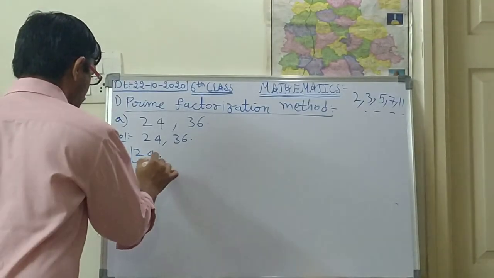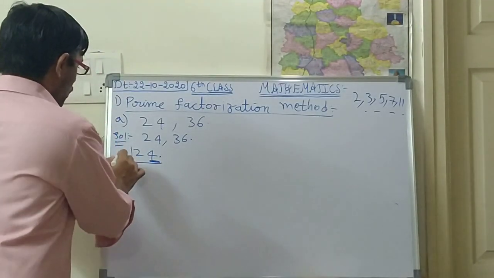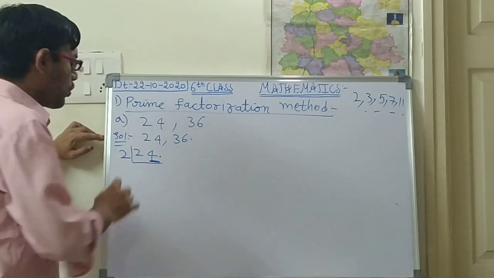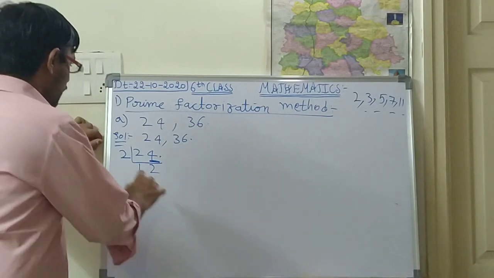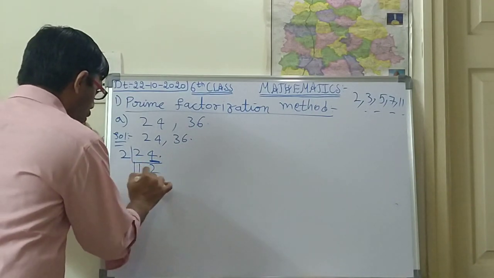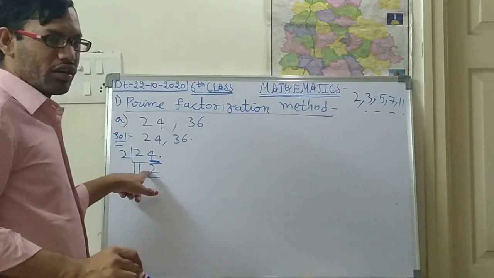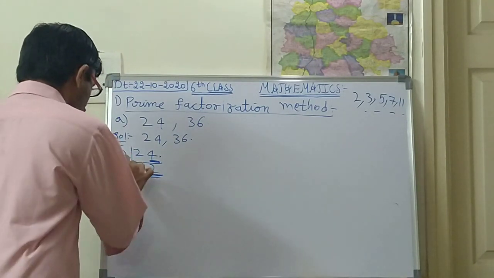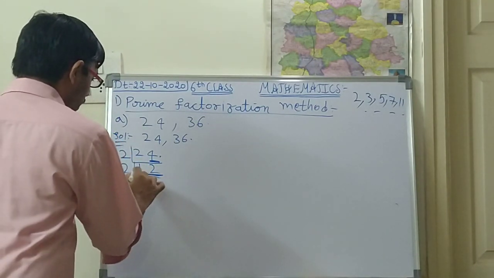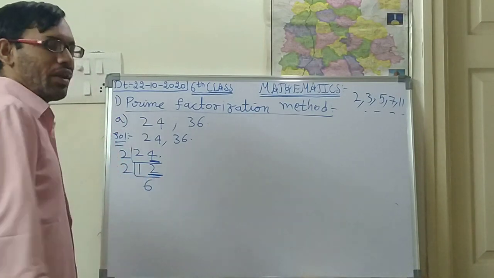So that's why here with 2, in the 2 table when 24 will go, 2 12s are 24. Next, after 12, is 12 going in the 2 table or not? Yes, because the ones place digit is 2, so again 2. Here 2 6s are 12.